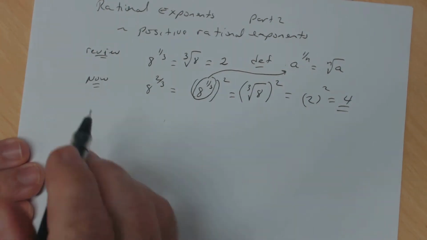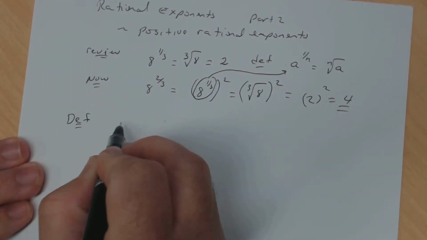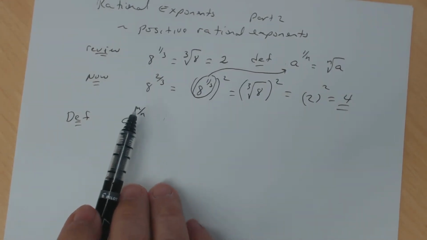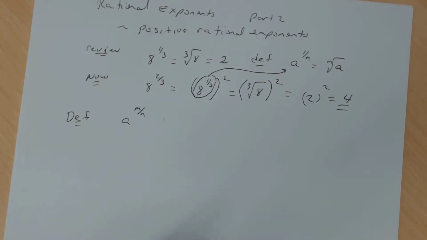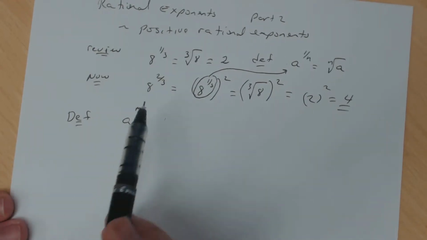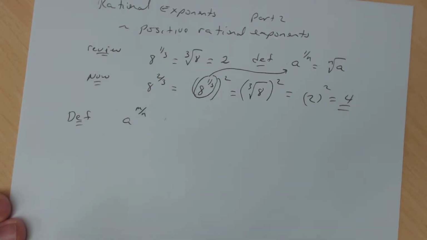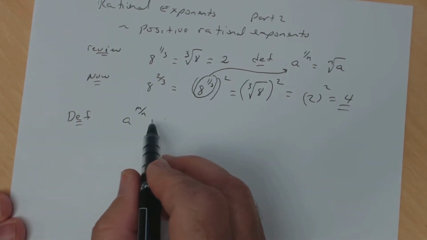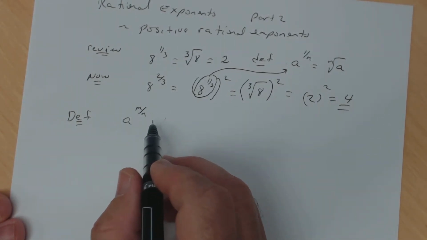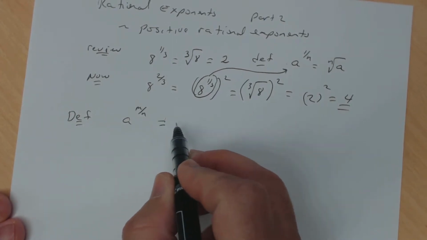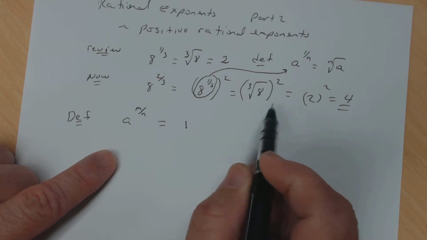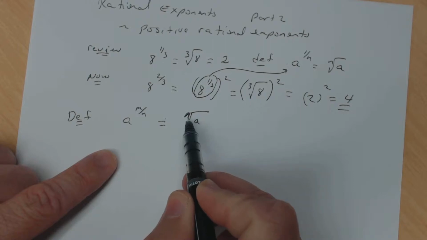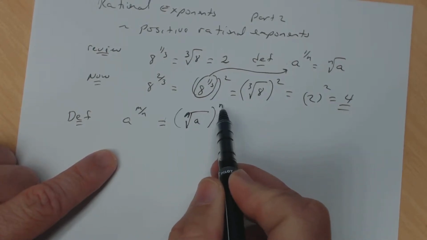Okay, so let's look at the definition now. The definition of a to the m divided by n. So it's no longer 1 divided by n, it's m divided by n. So we're expanding this to rational exponents that no longer have 1 in the numerator. Based on what we did, a raised to the m divided by n is going to be the same thing as the nth root of a, all raised to the m power.